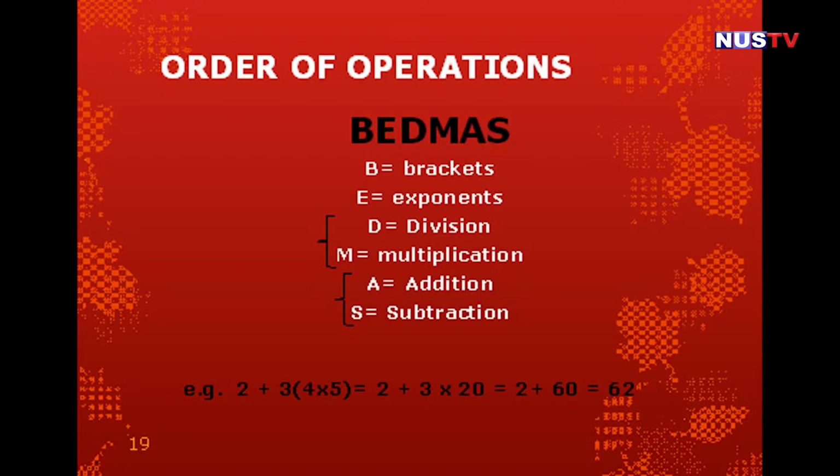Now, I have a bracket next to division and multiplication, and another bracket next to addition and subtraction. Why? Because the order of operation says that you can do division first if it's a pair first, or you can do multiplication first if it's first in the order of the equation. Same thing with addition and subtraction.